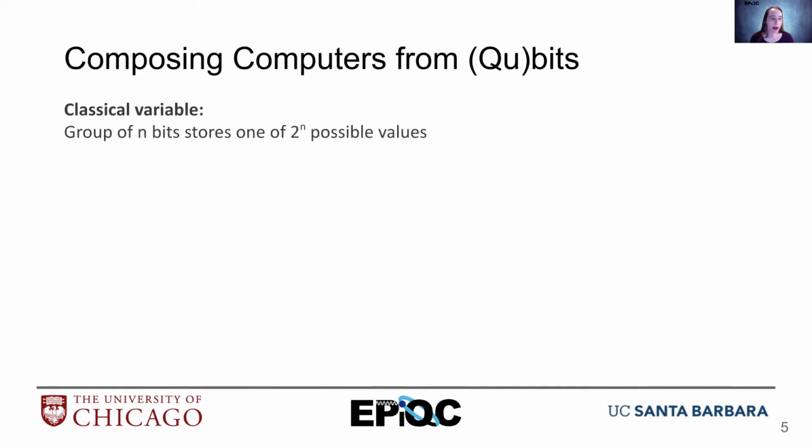Okay, so a classical variable is a group of bits. Let's say you have 8 bits or 16 bits or 32 bits. Typically, your desktop machine is going to use 64 bits for most variables, which is a lot of possible values. For every bit you add, you double the number of values you can store. In a classical variable, with 2 to the n values, you can store a single value at a time.